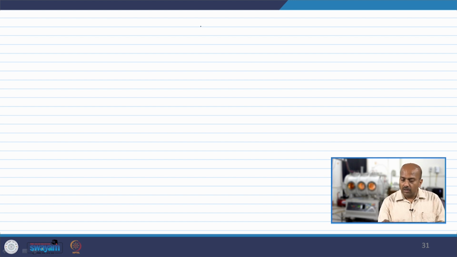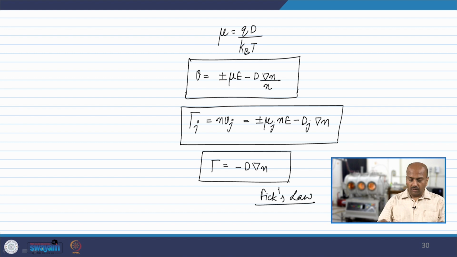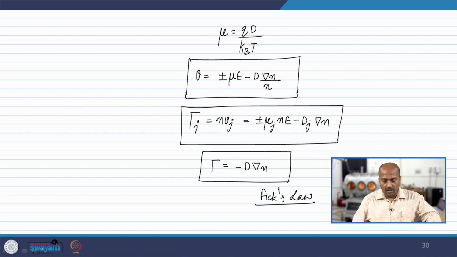Okay. So, we will write Γ from the earlier relation using this mobility as ±μnE − Dj∇n. For ions it will be plus μnE minus D∇n, and for electrons it will be exactly minus in the first term.